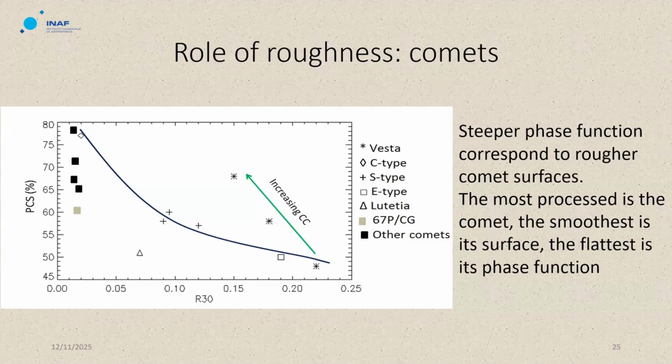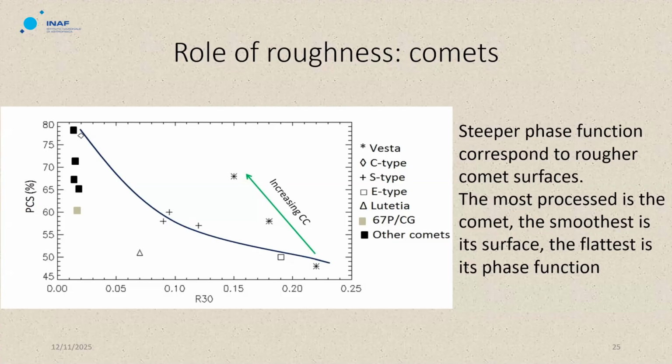And when the comet has a larger and larger evolution, its phase function becomes flatter. And so we are able to identify photometry as an indicator of comet roughness and comet evolution state.